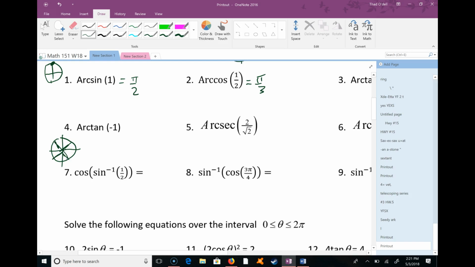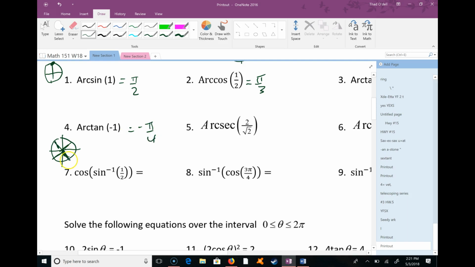So now when I'm doing arctan, there's just one answer, and remember the range of possible answers of arctan is from -pi over 2 to pi over 2. So that means we're looking at this answer right here, and that would be -pi over 4.